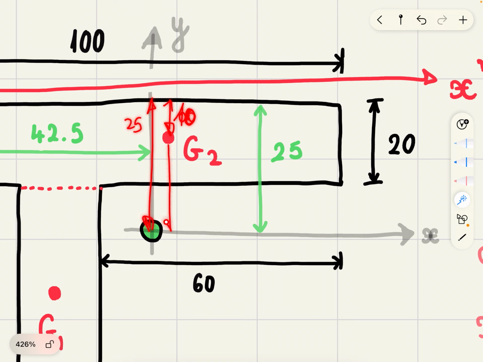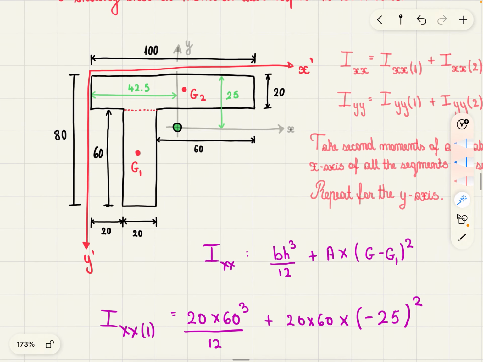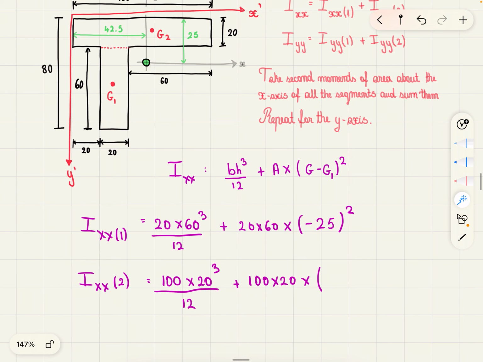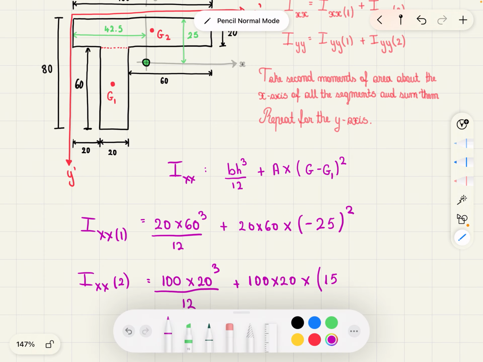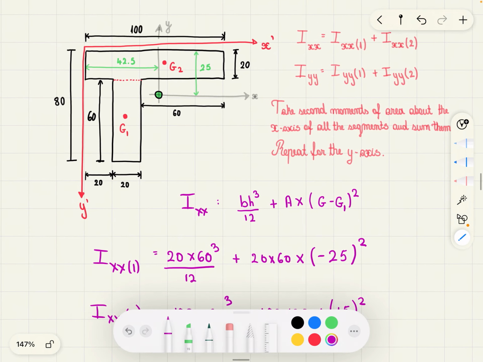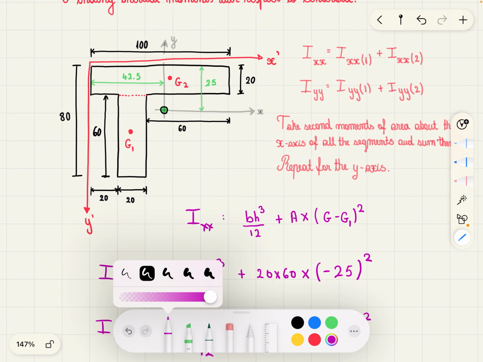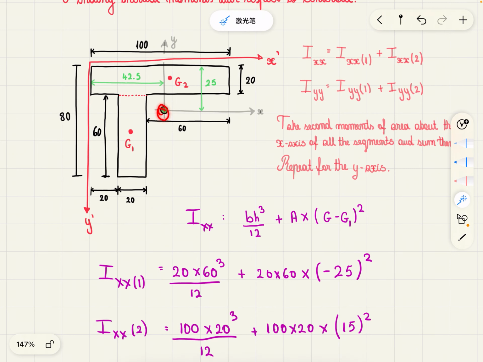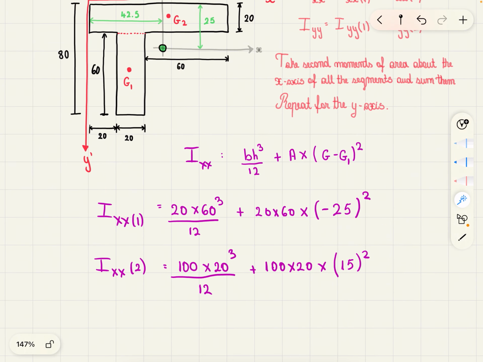This one's 25. So this one is 15. Multiply by 15 squared. This time it's positive because looking at G, to go to G2, we're going upwards in the positive direction.